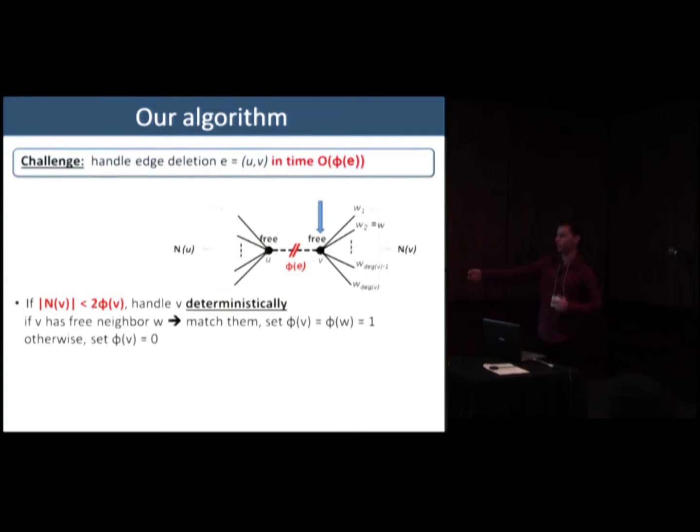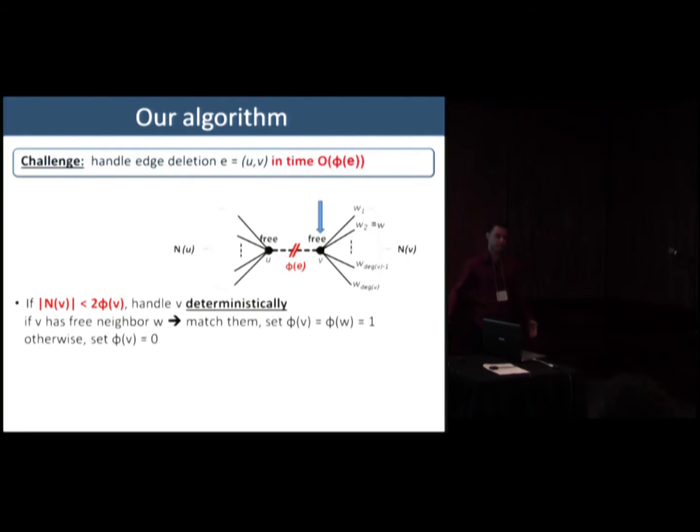So the potential here is now set to 1. We are not going to gain much from this edge. But maybe we didn't find any free vertex in that set, but then by the observation that I tried to emphasize, V does not have any free neighbor. So we can leave V free and its potential is now 0.